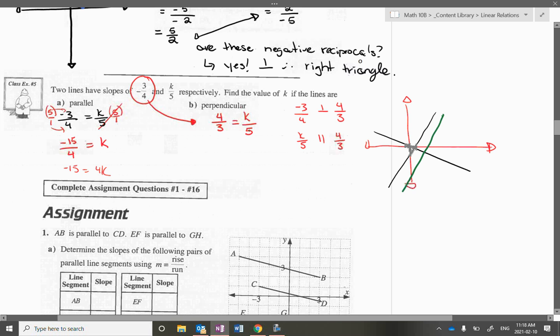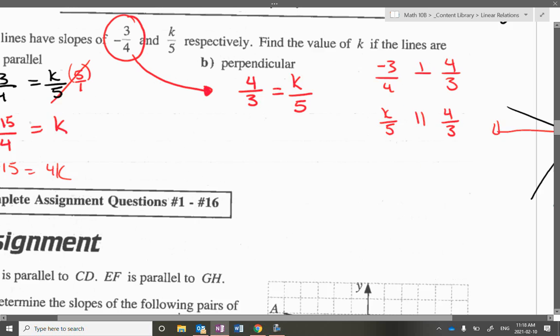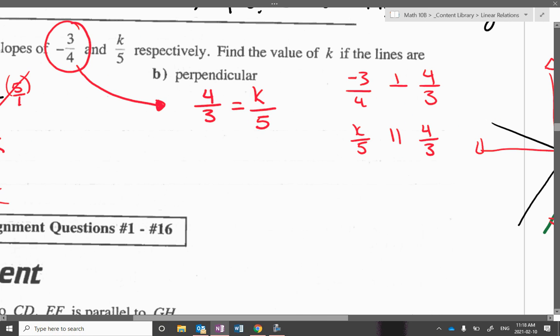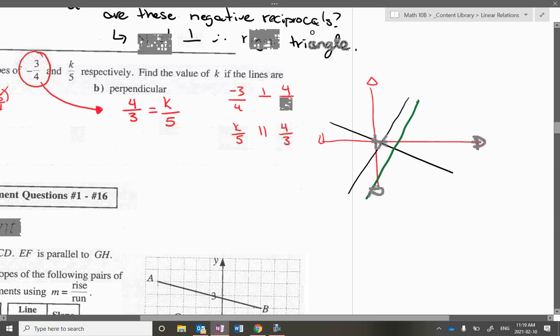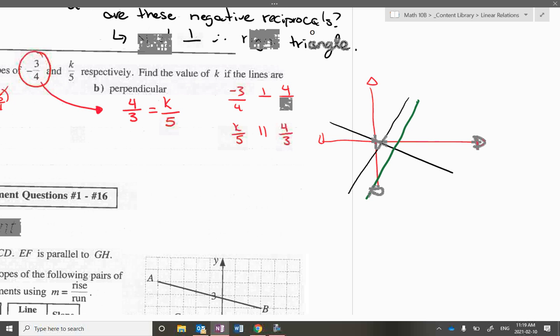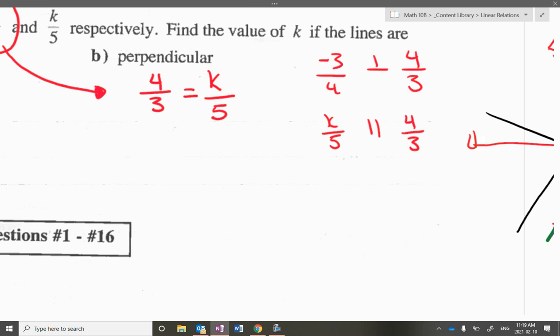The 5's right here. So I found a line that's perpendicular to our original of the -3/4, which gave us the 4/3. So now we're finding another line that is going to match that basically. We're going to do the same process from here, like we did on the previous one.